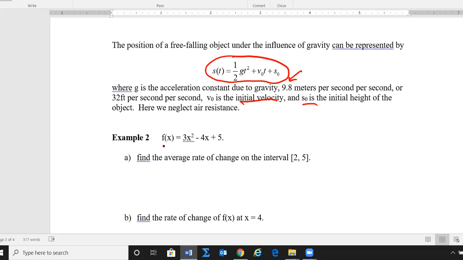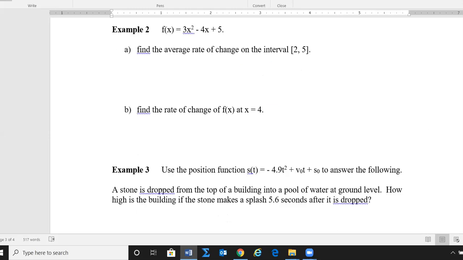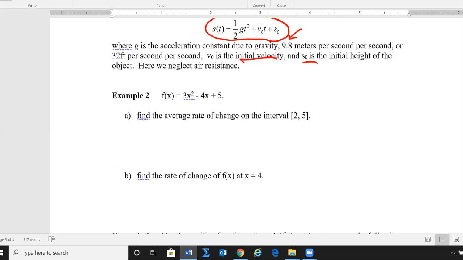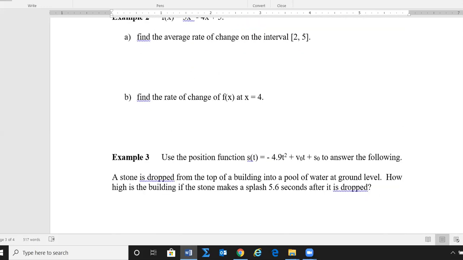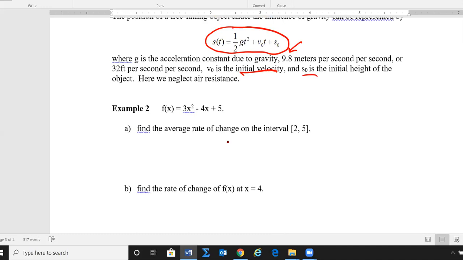Now, here is a position function. Notice that I'm calling it f of x. It doesn't have to be in t. In any case, let's go ahead and compute the average rate of change. We need to find f of 5 minus f of 2 over 5 minus 2.